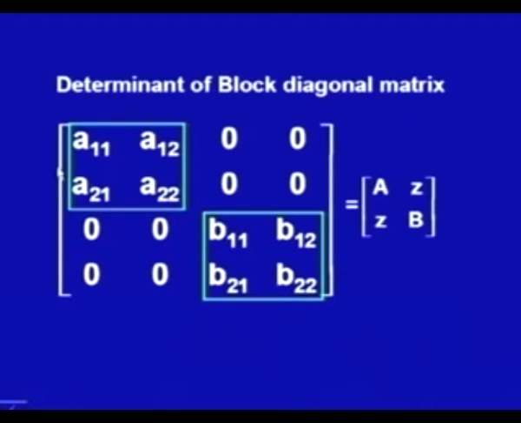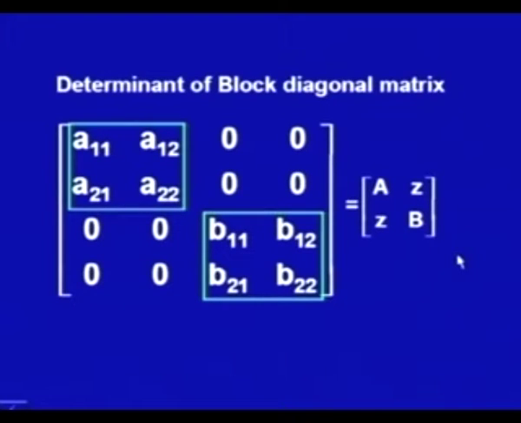This is a sub matrix of order 2 by 2, and this is a sub matrix of order 2 by 2. They lie on the diagonal, and these are the null matrices, which I denote by Z. So let us say this is the A matrix, this is the B matrix and this is the null matrix. So we will have A, B, Z and Z.